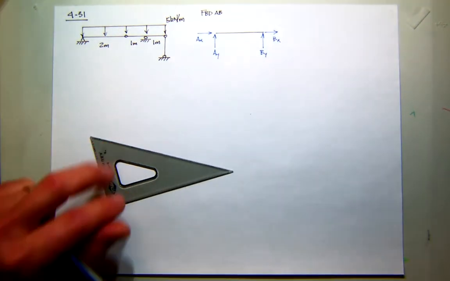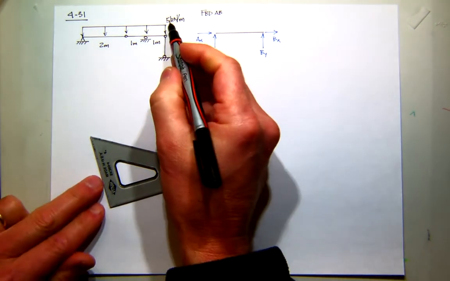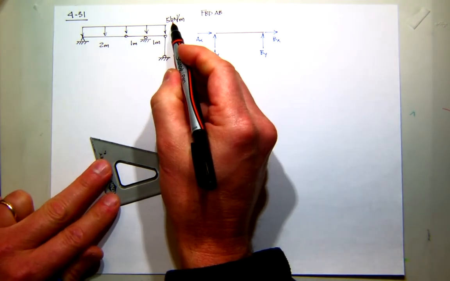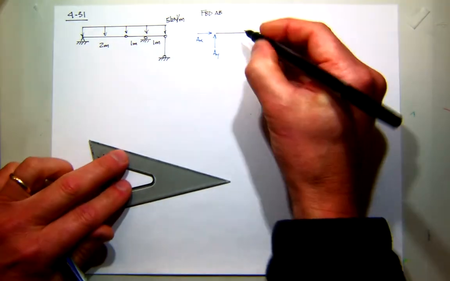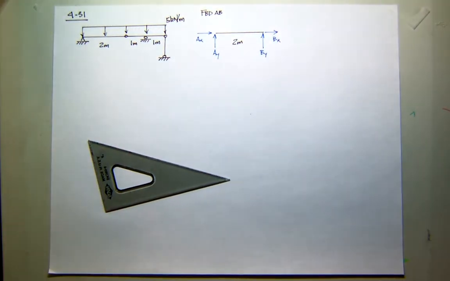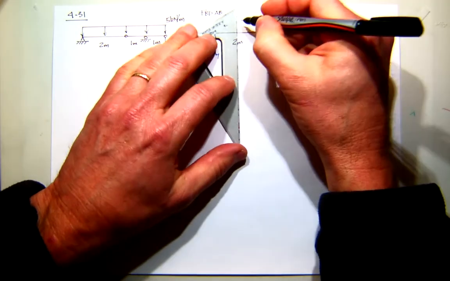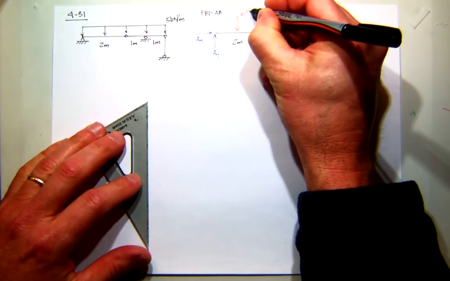Now on that particular section of the beam, what's the load? Well, it's a distributed load of 5 kilonewtons per meter over 2 meters. Let me go ahead and put that in there. So I'll get a concentrated equivalent force of 10 kilonewtons.